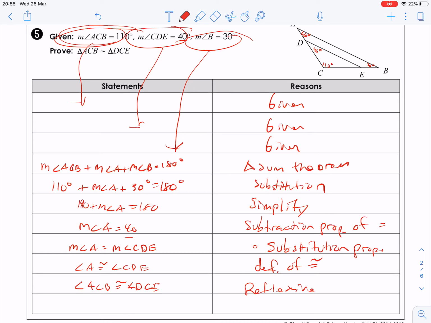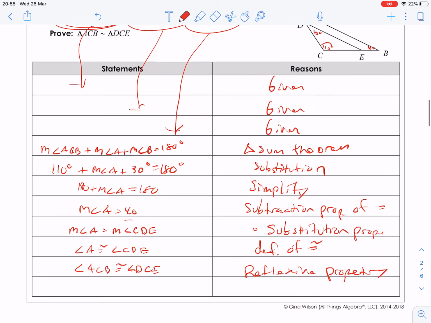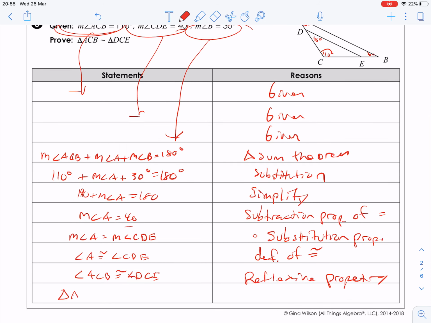So it's basically like saying the measure of angle C is congruent to the measure of angle C. And there we go. We have two angles. So we can say triangle ACB is similar to triangle DCE based on AA similarity.